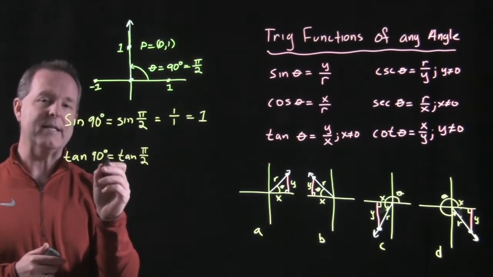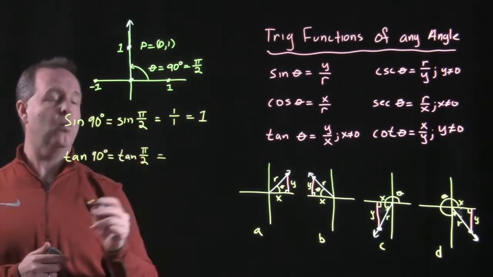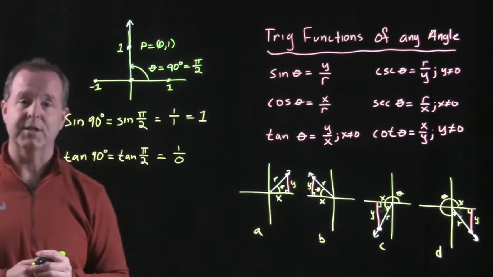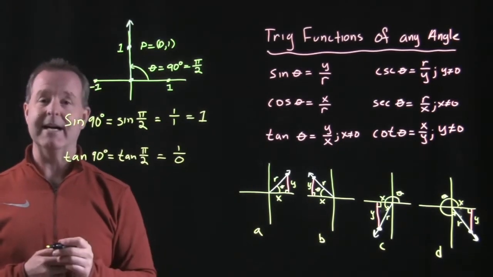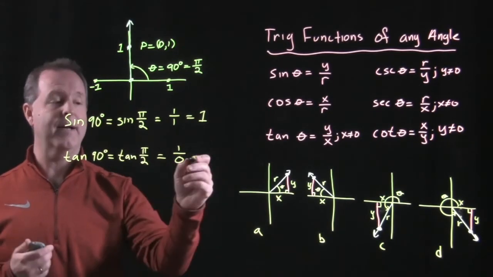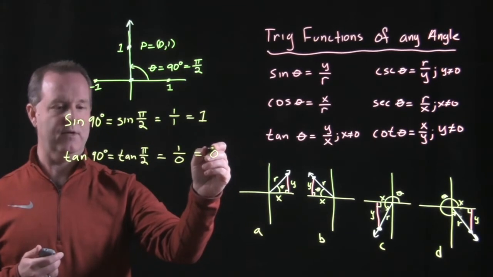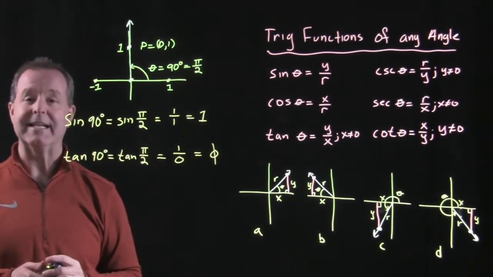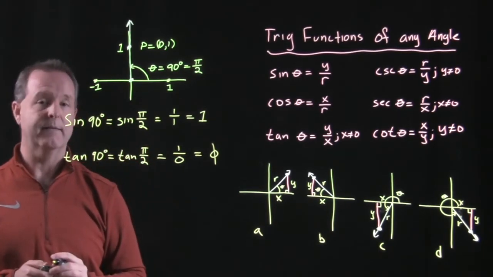So the ratio at 90 degrees is my y value, which is a 1, over my x value. That's what tangent is talking about, the ratio of 1 to 0. And that is undefined, obviously, because you cannot divide by 0. We'll just say it's undefined, or my tangent at 90 degrees is undefined.